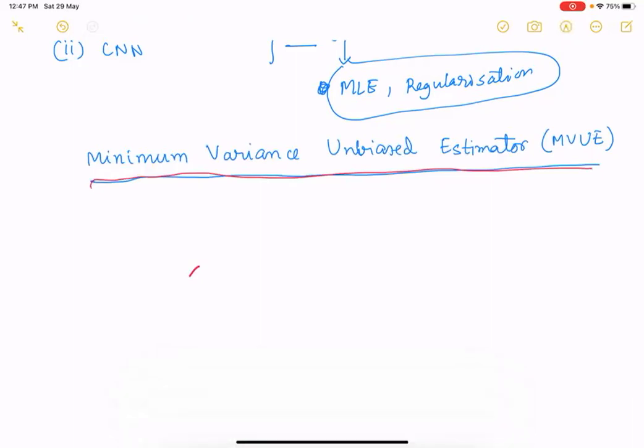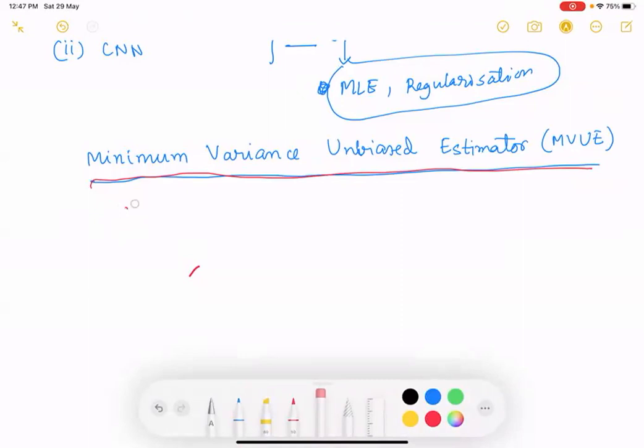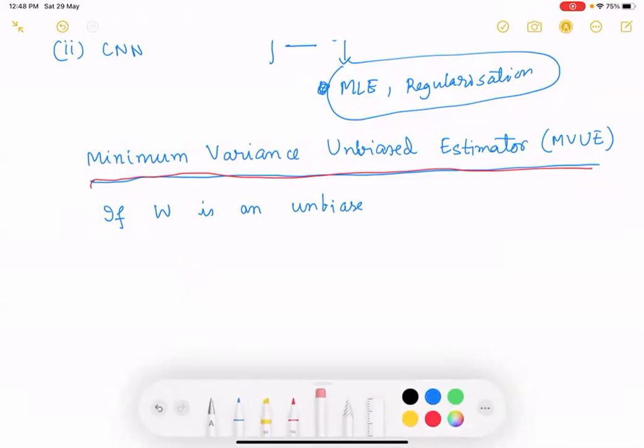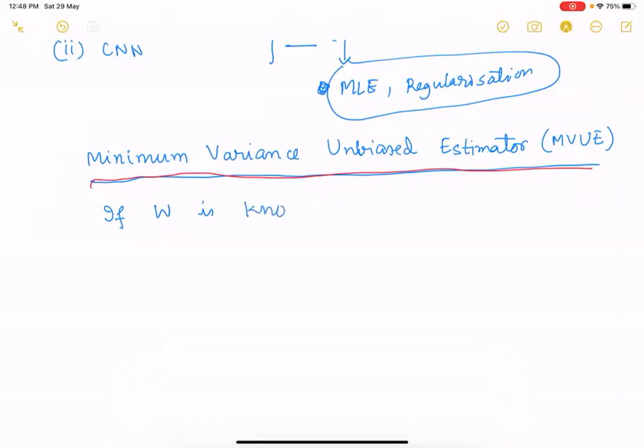The concept is talking about, if W is an unbiased estimator, W is known as the minimum variance unbiased estimator of theta if two things hold.